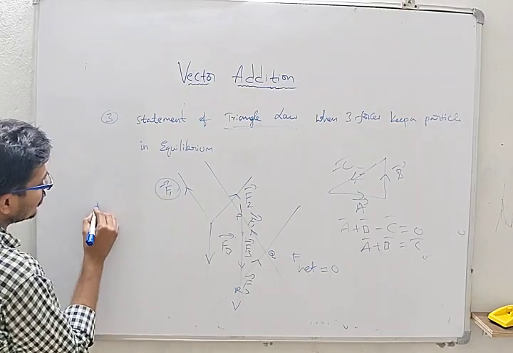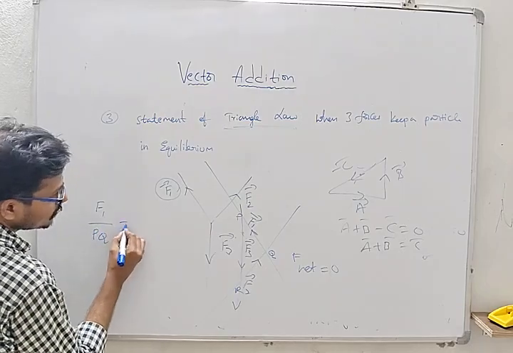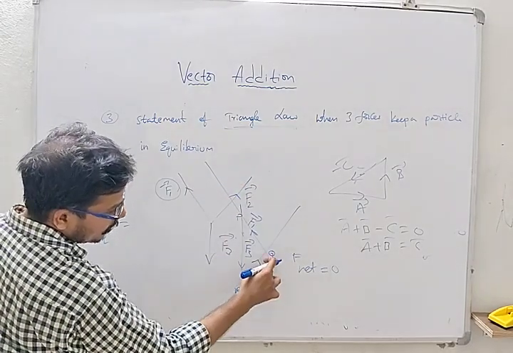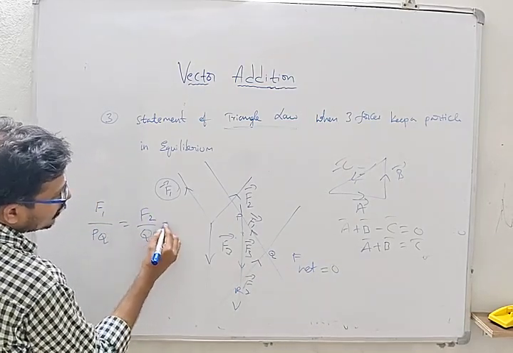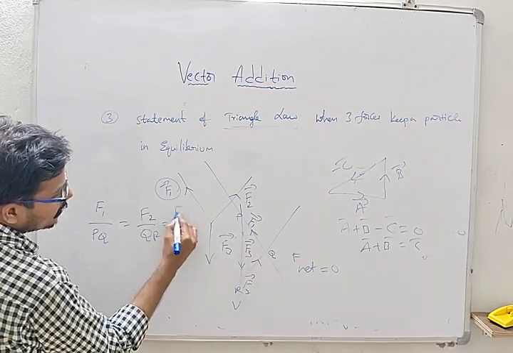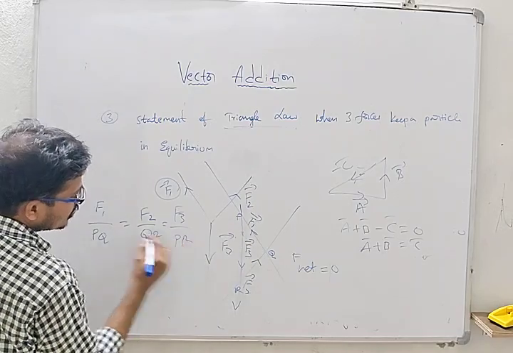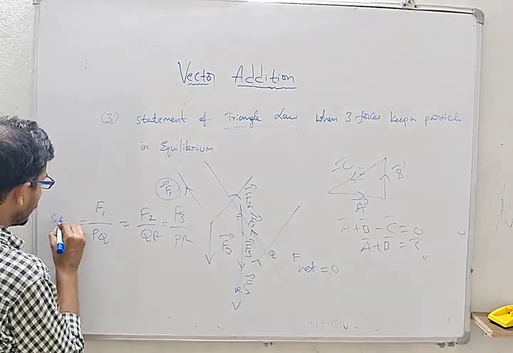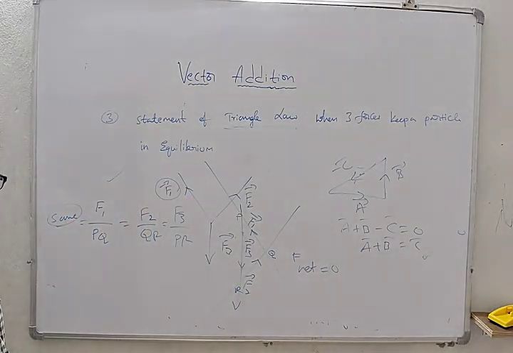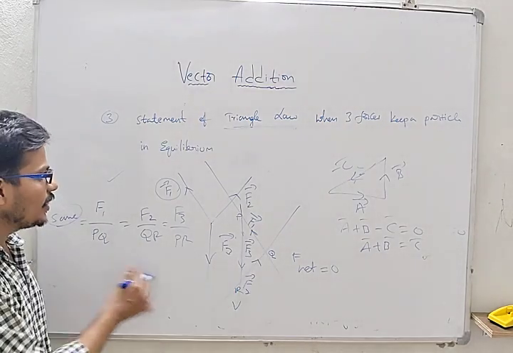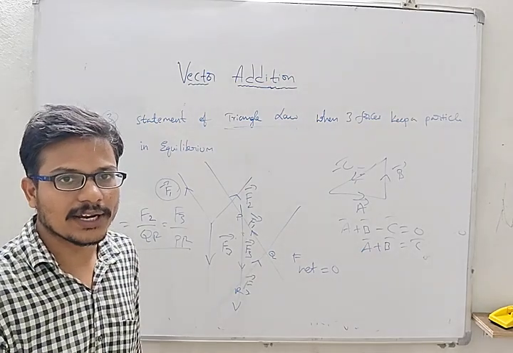So here the F1 force is nothing but PQ, F2 is nothing but QR, and F3 is nothing but PR. So these all ratios are the same. In this case, the net force should be 0 here. The ratio must be the same. This is our statement of the triangular law. Note this.